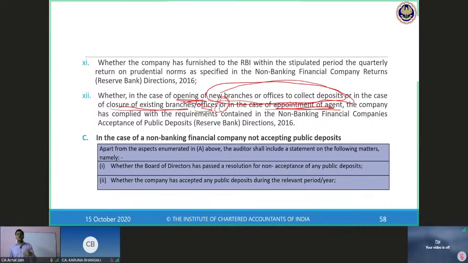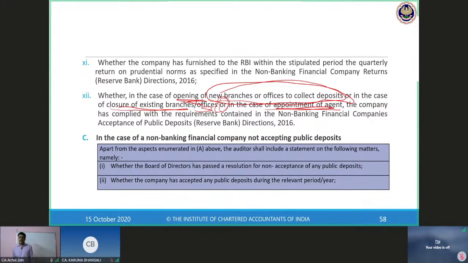There again, certain compliances are required to be done. By whom? By the management, by the NBFC. And auditor needs to ensure those compliances have been done, because auditor will have to report around these points. So till the time auditor will not audit that, he will not be able to get to know.